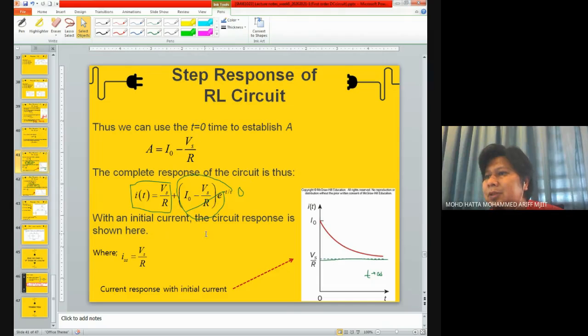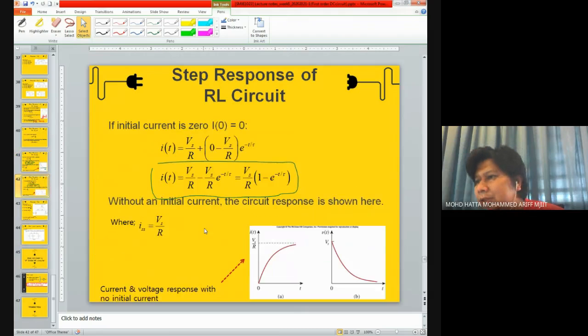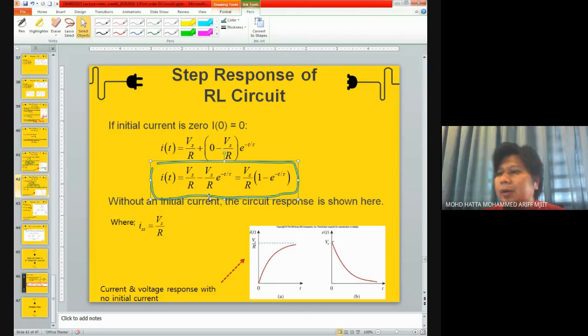But if you just remember, for this condition, this is the equation, and for this condition, this is the equation, maybe sometimes you will get it right, but maybe you will not always be right. If I change the arrangement of the circuit, you might put it wrongly. All right.